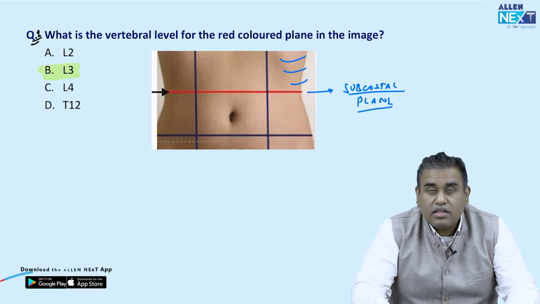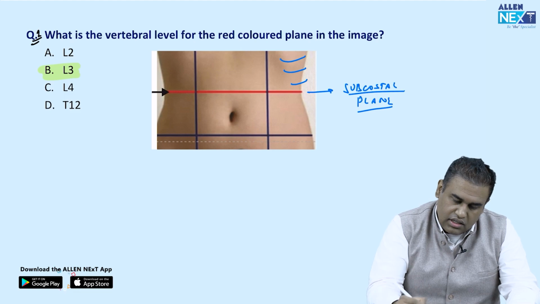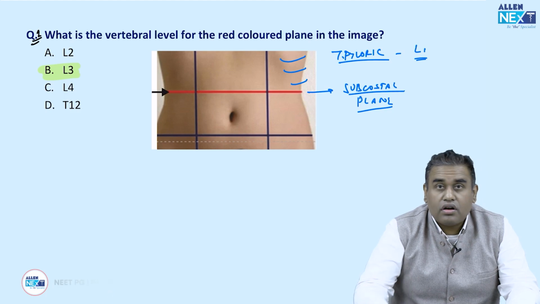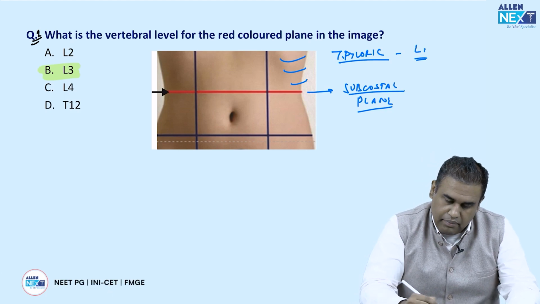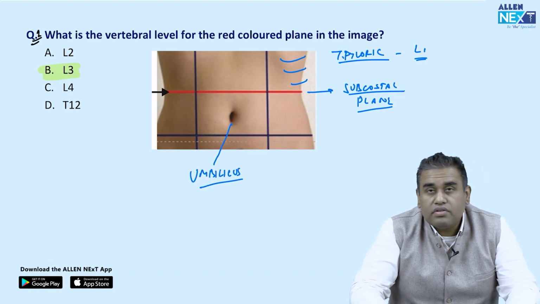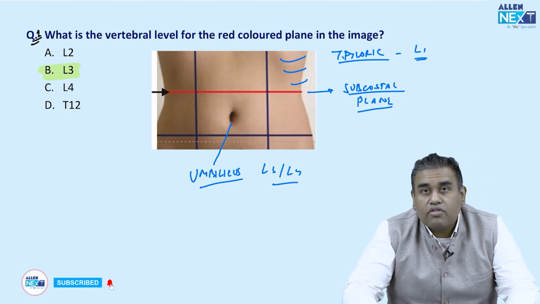Now the other things that we need to know: if they tomorrow ask us about the transpyloric plane, it lies around the lower border of L1, remember that. Then if they ask about the umbilicus, it lies around L3, L4.